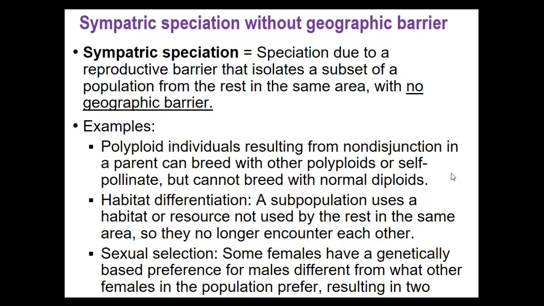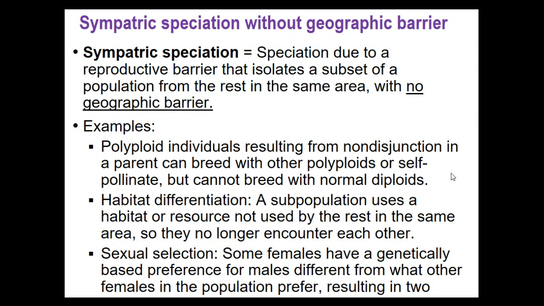It's different. They're expecting to hear the normal song. But what if there's a few female cardinals out there who think, yeah, I like that. I prefer that new song to the old one. And so now most of the males still sing the old way, and most of the females are still attracted to that, and so they mate together. But now there's some males with a different song, and some females who prefer that one.